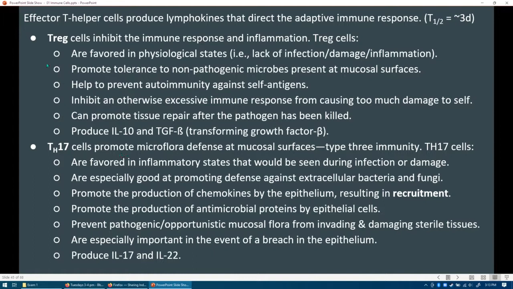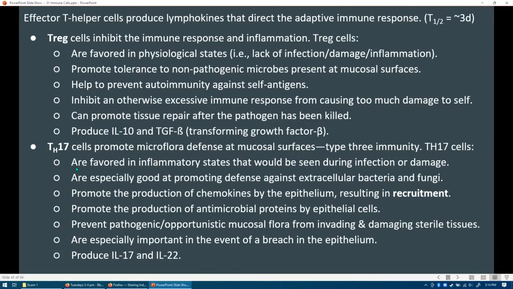Th17 cells, you can see them as being sort of the opposite of Treg cells. There are a lot of Treg cells at mucosal surfaces that are helping to discriminate between non-harmful and harmful bacteria. And you also have Th17 cells that are responsive to harmful bacteria and will promote inflammation in response to them.